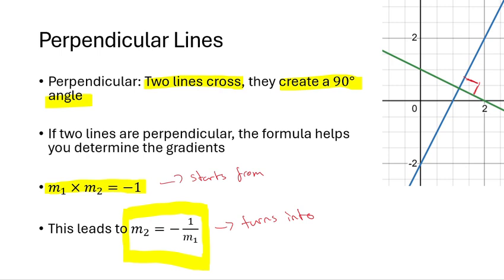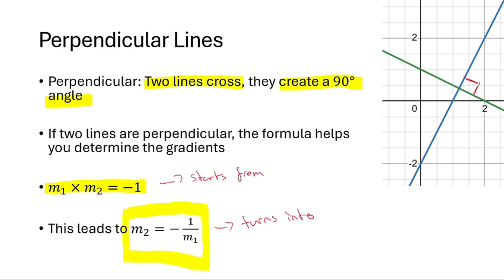This is the basic of it, the beginning, where it starts from. And then we manipulate the equation in a way where we're trying to find the gradient of the perpendicular line. As you can see, highlighted in yellow in the box, that's the formula that we use to answer our questions, okay? So m2 equals negative 1 over m1.